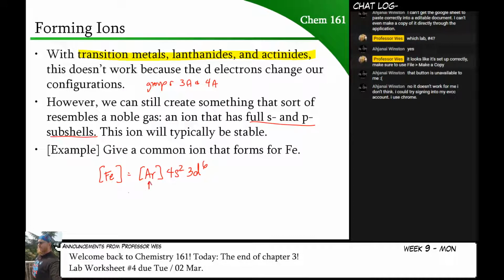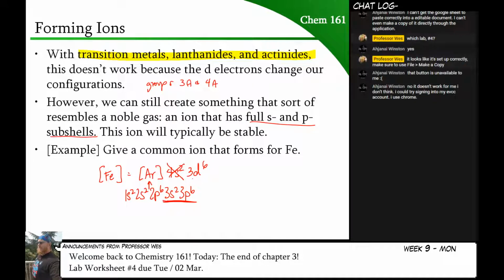And if I note that this is actually 1s2, 2s2, so this is what argon is. If I get rid of these two, the highest level will then be n equals 3. And hey, here's my full sp subshell.